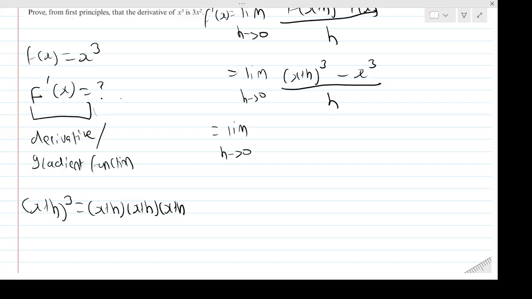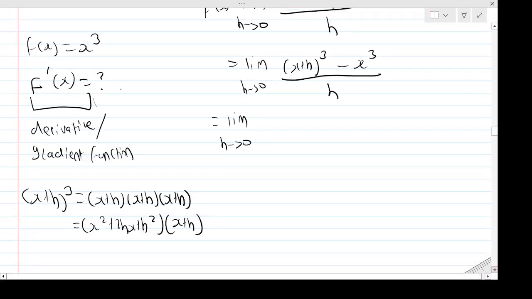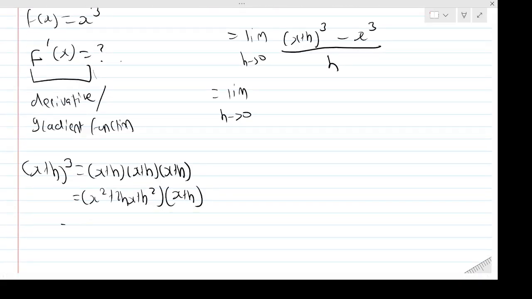If I expand this, firstly, x plus h times x plus h is going to be x squared, add 2hx, add h squared, then that's times by another x plus h. If I expand this, I would get x cubed plus hx squared plus 2hx squared. Remember here, 2hx times x is 2h times x squared.